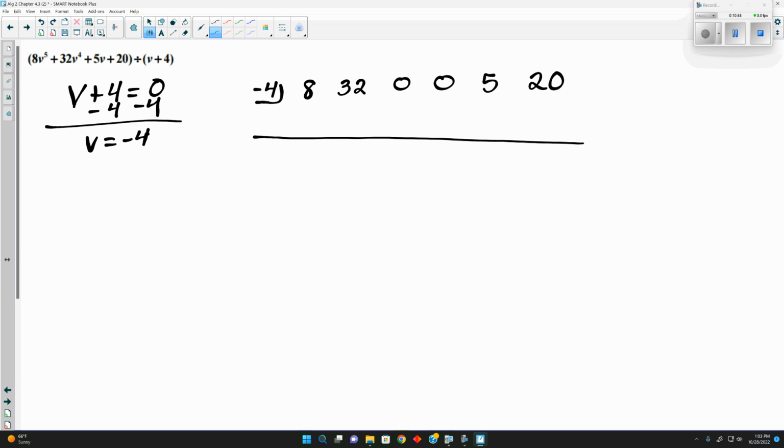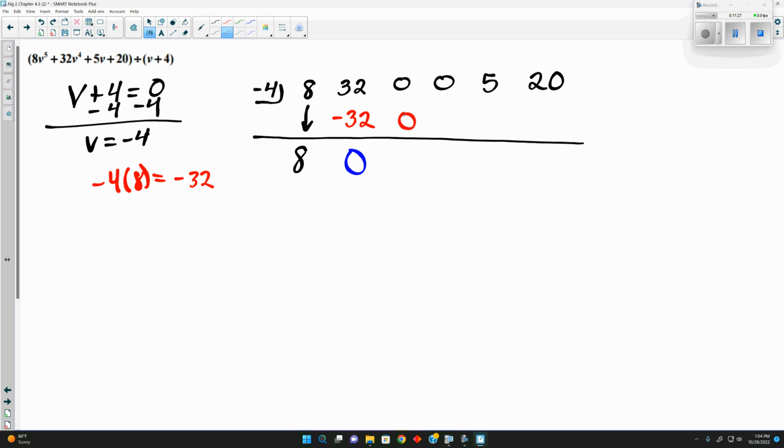Now this one here is actually not that bad, even though we do have a lot of numbers. So we'll start off by first dropping the 8. And we'll do -4 times 8, which is -32. -32 plus 32 is 0. Now everybody's favorite multiplication problem, -4 times 0 is 0. I'm not going to specifically write that one out.